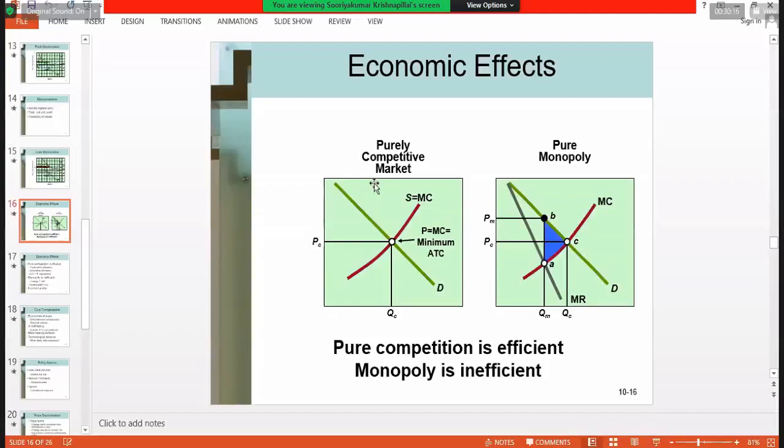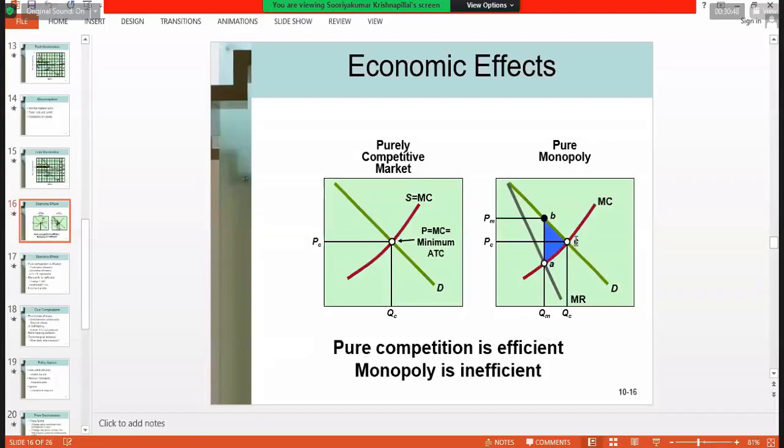He produces less and sells at the higher price for maximum profit. So we lose some part of consumer surplus and producer surplus. Totally we lose that surplus, the benefit to the society, the area shown in blue color. The society loses this consumer surplus and producer surplus in the monopoly market.